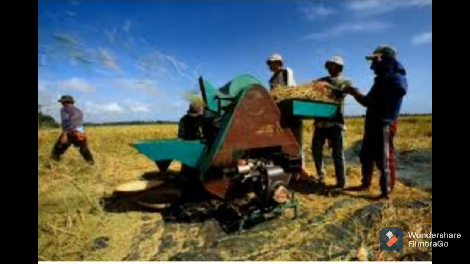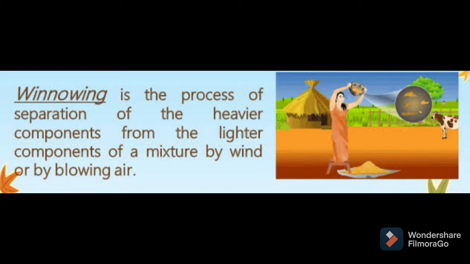Then when we do threshing, what will happen? Along with the grains, there are some husk and lighter particles. How do we separate these husks, these lighter, unwanted particles from the grains? The next method to separate this solid and solid mixture is winnowing. Winnowing is the process of separating the heavier component from the lighter component of a mixture by wind or by blowing air.